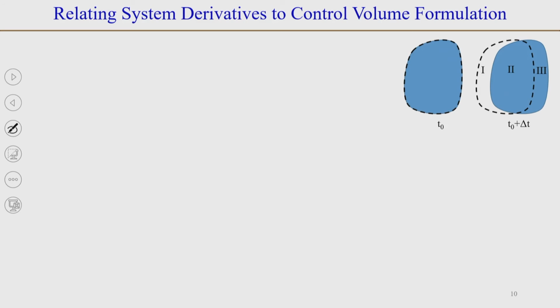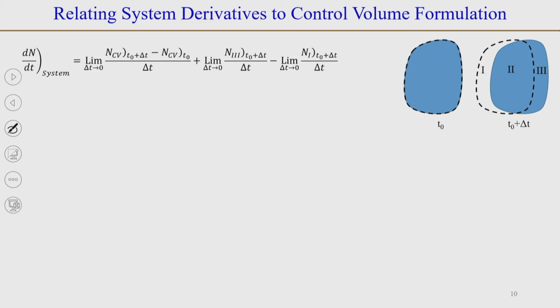So, let us simplify this, and we can write the first term as d by dt of N_cv, the rate of change of intensive property in the control volume. Now, let us look at this term.